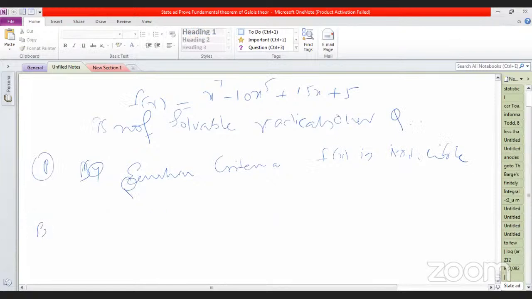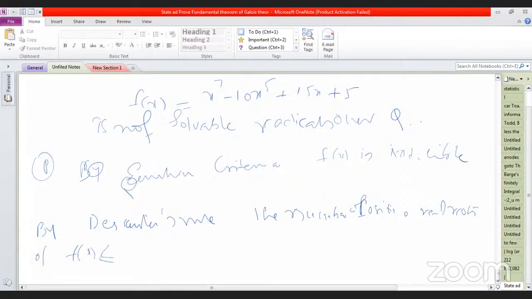By Descartes' rule, the number of positive real roots of f of x is at most the number of changes of signs in f of x.